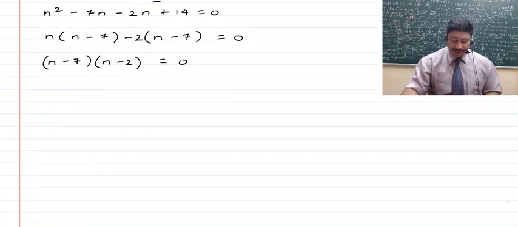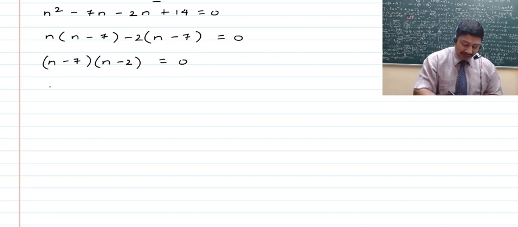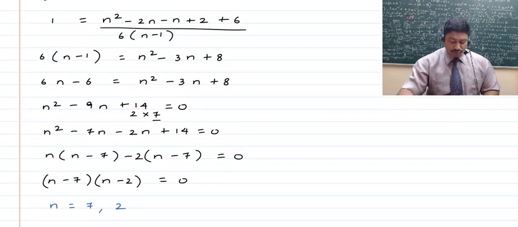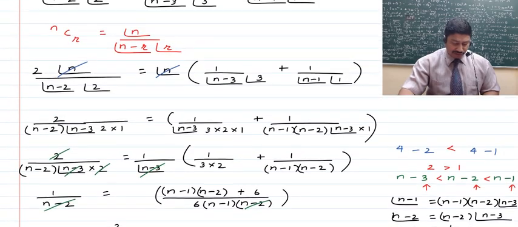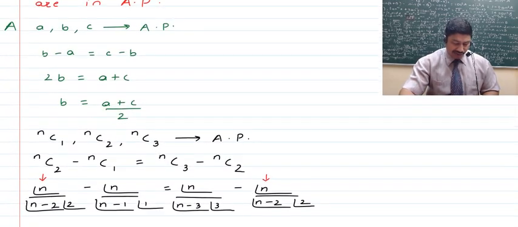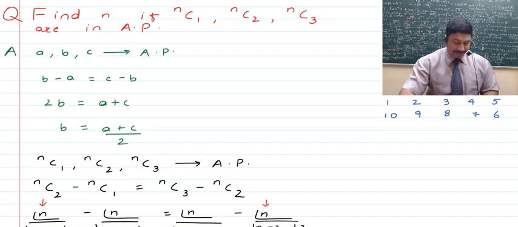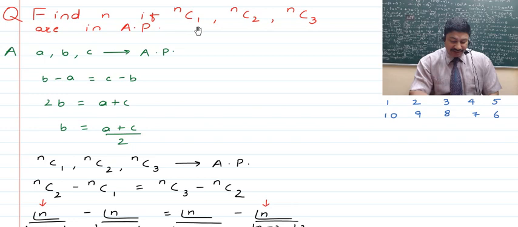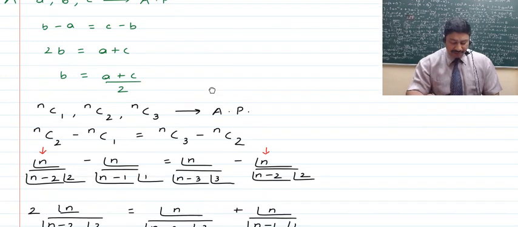Now children, here when we talk about the values of n, we will get the value of n either to be equal to 7 or it will come to 2, right, by the zero product rule. Now children, let's quickly look up whether the value 7 is possible or not. So if we keep the value of n equal to 7, then we get the three terms to be 7C1, 7C2 and 7C3, which are in AP, which is perfectly possible.